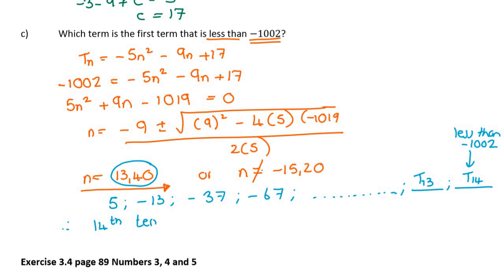Now most people just round off 13.4 to 13, and they don't realize that term number 13 would have been above minus 1002. So it's not that we're rounding off our answer, we're not. We're thinking to ourselves, which term would now be below that? So I actually have to round up to term number 14, because term number 13 wouldn't have gotten as low as minus 1002 yet. So a little bit of an interesting question.